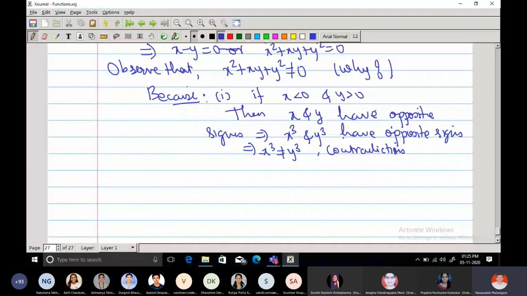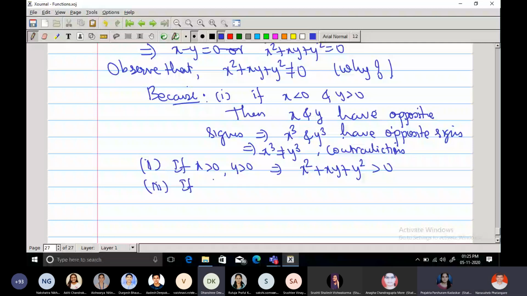That means what remains is if both x and y are positive. In that case, x square plus xy plus y square is strictly positive. What is the third possibility? x is less than 0 and y is less than 0, both are negative.